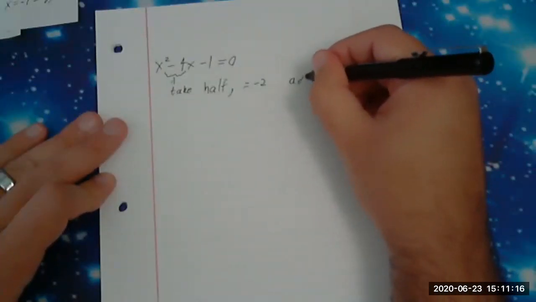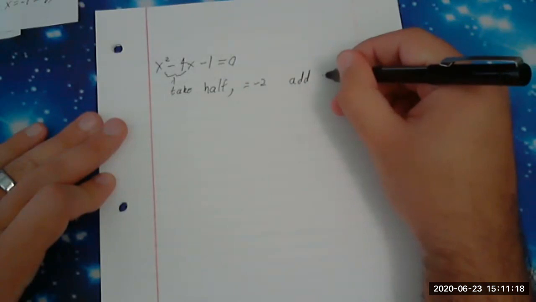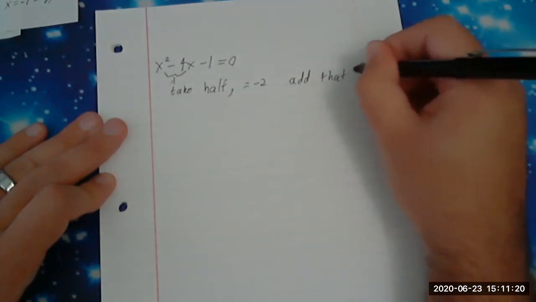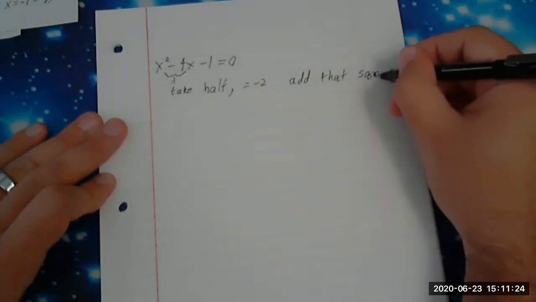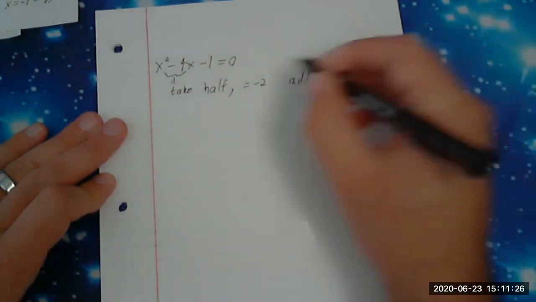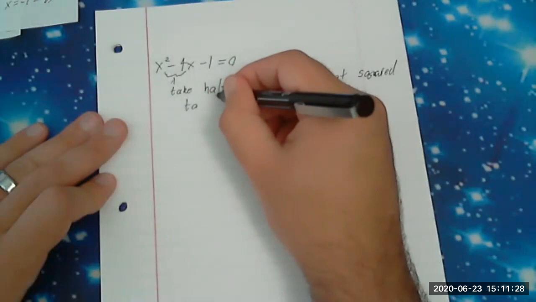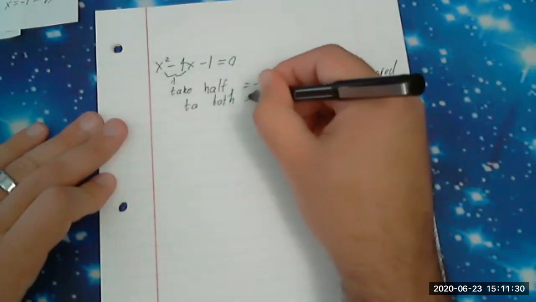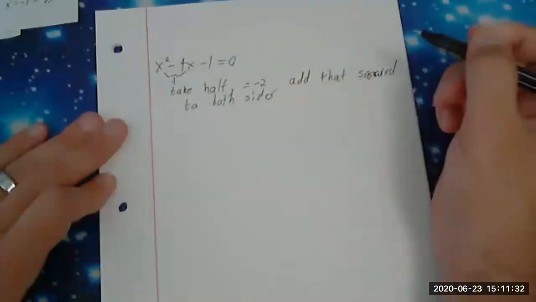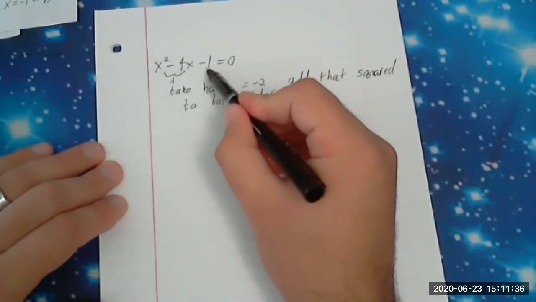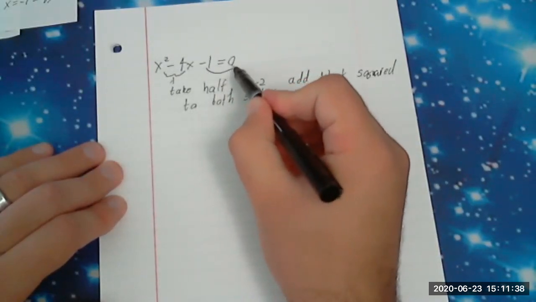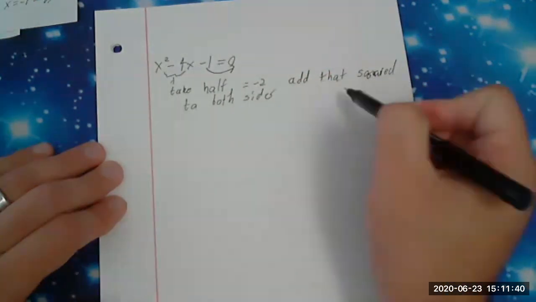And add that squared to both sides. And also move this thing over. So I guess you could say do this first, and then that doesn't really matter.